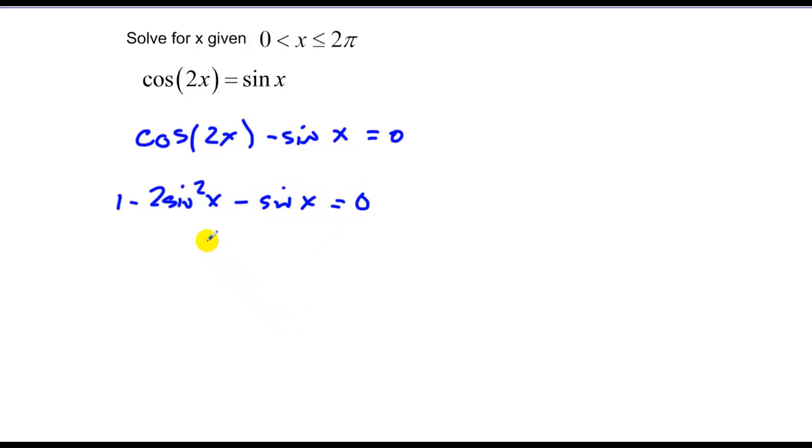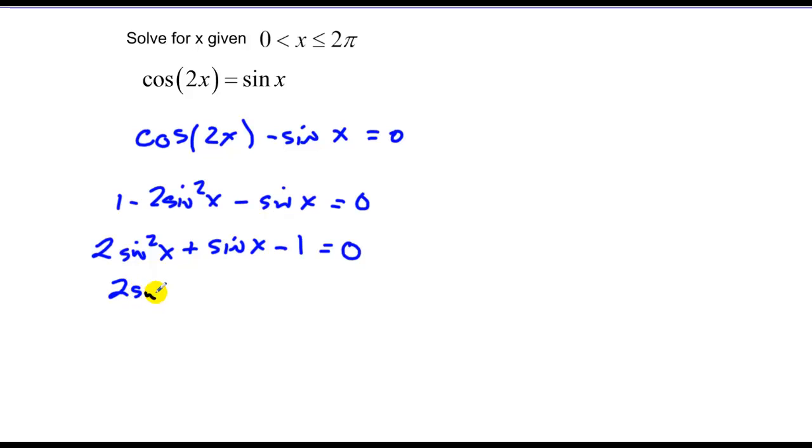equals 0. I'm never a fan of factoring anything with a negative squared term, so I'm going to multiply everything by a negative 1 and then put it in the proper order. So that's 2 sine squared of x plus sine of x minus 1 equals 0.